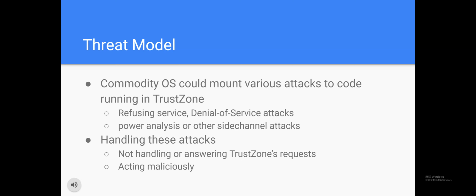The first class of attacks corresponds to refusing service, a form of denial of service attack. These attacks cannot be prevented as long as the untrusted commodity OS has access to platform resources such as storage or network. Although the fTPM system the paper presented will remain secure in the face of these attacks, the malicious OS could starve the fTPM, leaving it inaccessible.